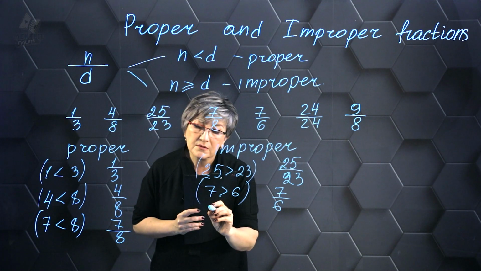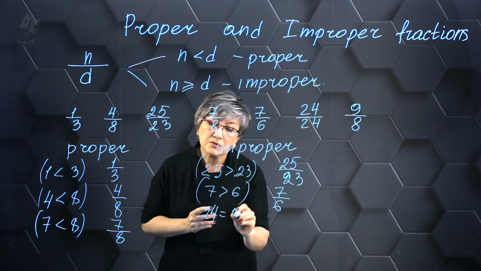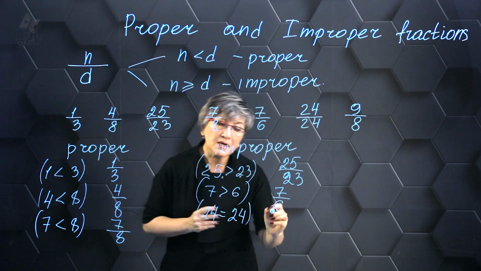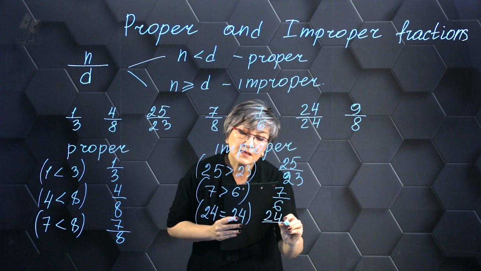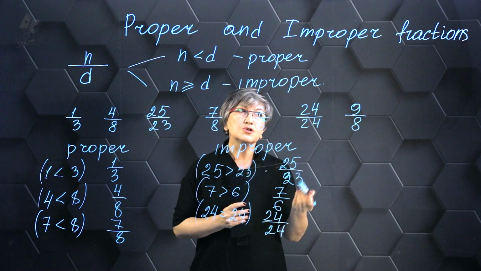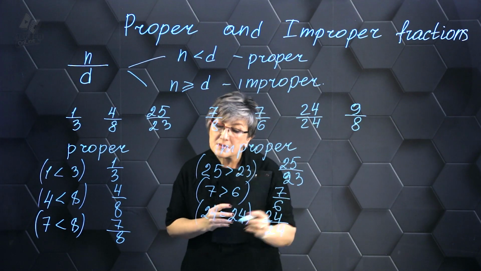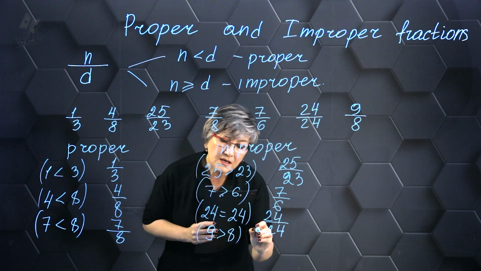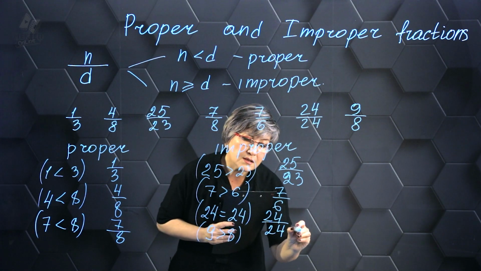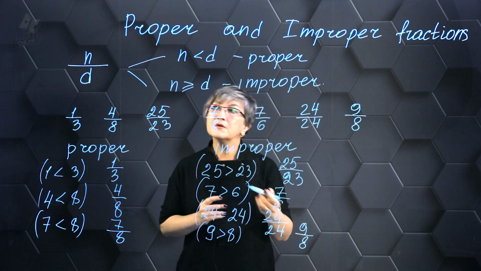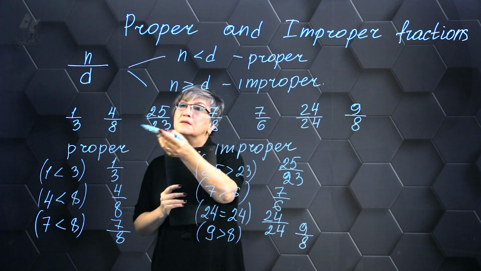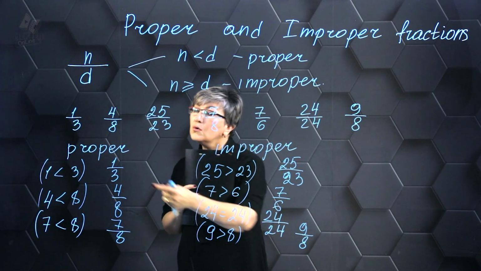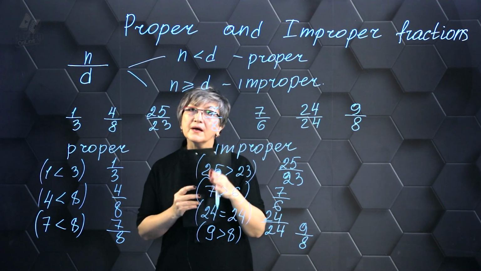Then we have one more fraction remaining, 9/8. 9 is greater than 8, so this fraction is also improper. As a result, out of these 7 fractions, I ended up with 3 proper fractions and 4 improper fractions.